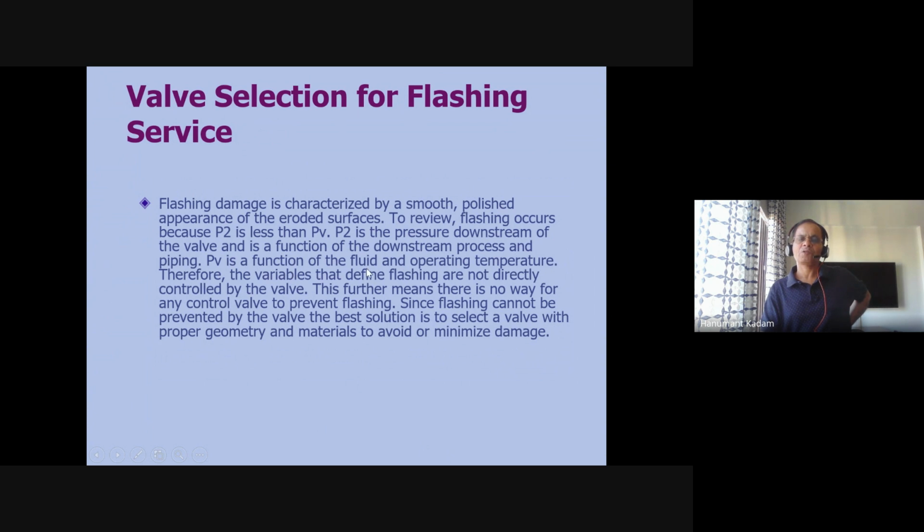PV is a function of the fluid and operating temperature. Therefore, the variables that define flashing are not directly controlled by the valve, so this effect happens because of process conditions. Since flashing cannot be prevented by the valve, the best solution is to select a valve with proper geometry and material to minimize the damage. So that is what is mentioned.